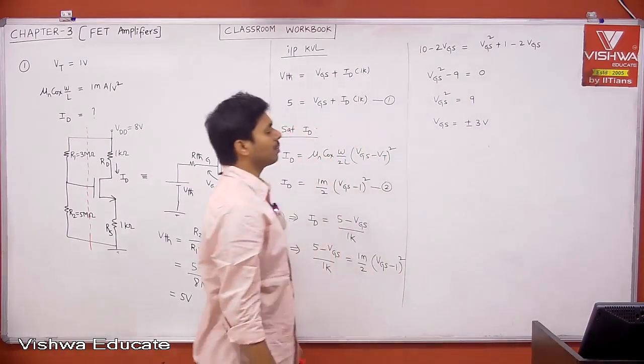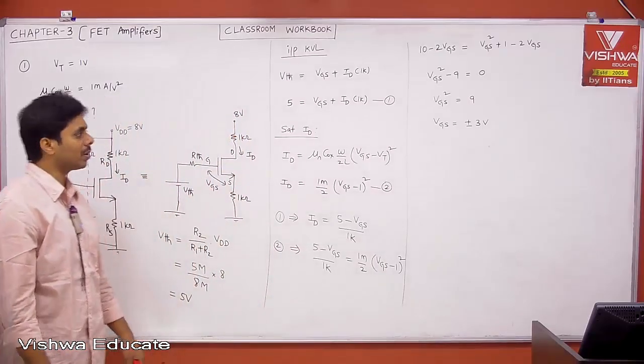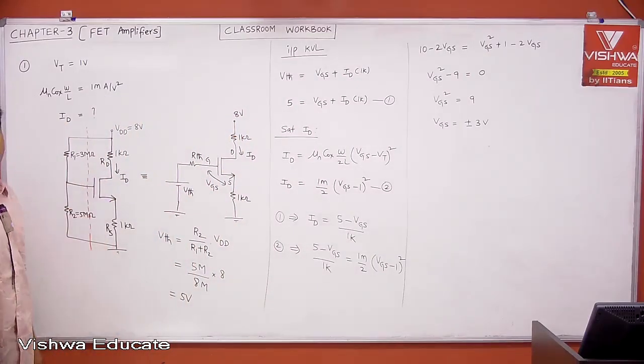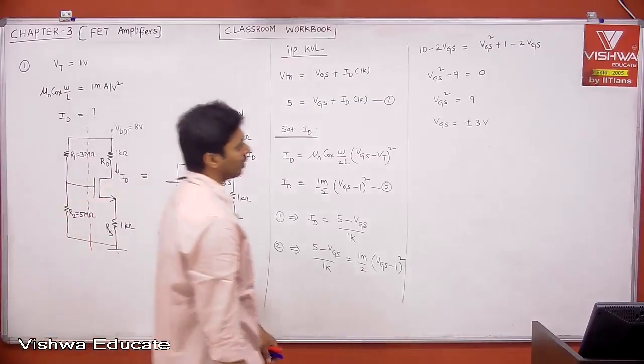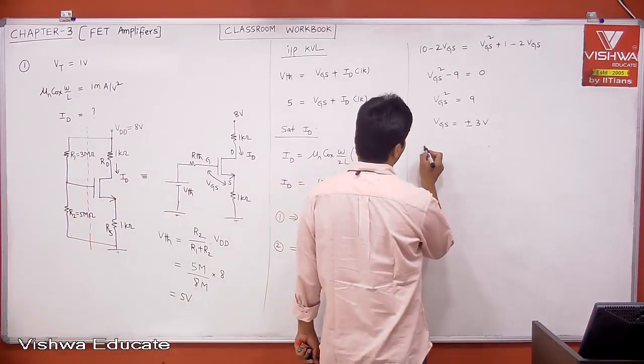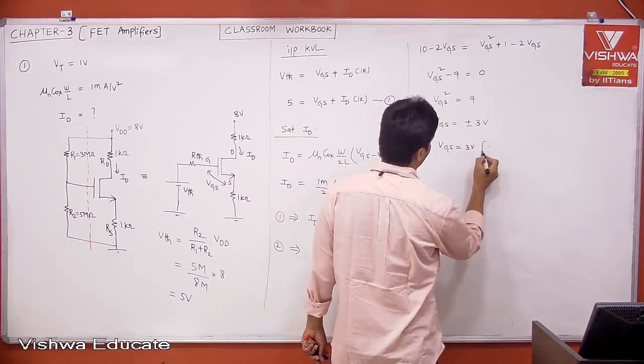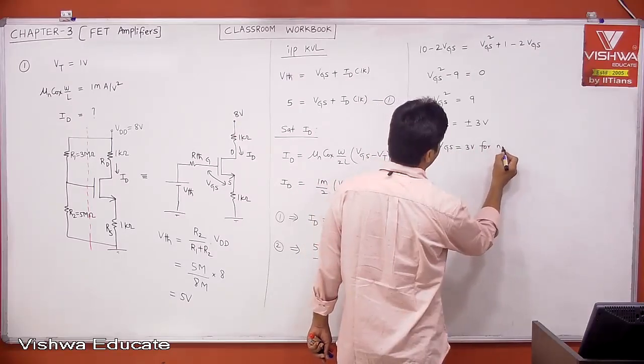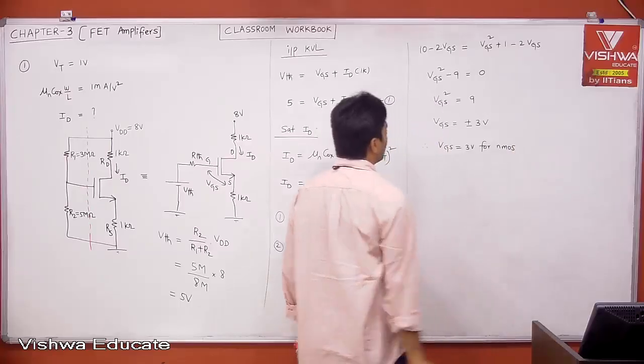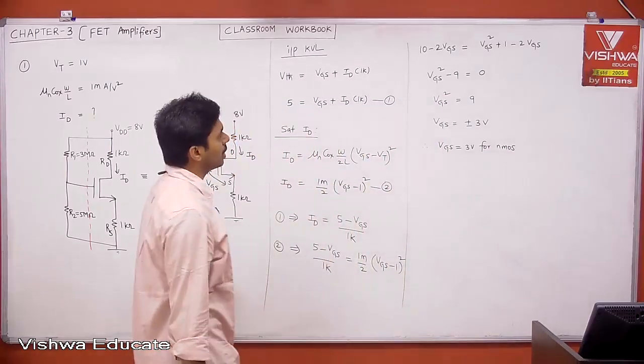Then which one do you take? Plus 3 volt or minus 3 volt? Remember, because this is NMOS, always for NMOS we take VGS positive. Therefore, VGS is 3 volt for NMOS. Now you substitute that VGS 3 volt into equation 1.